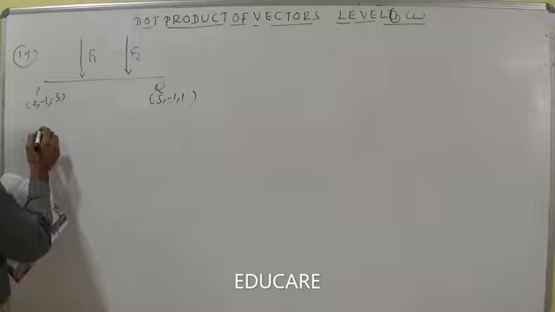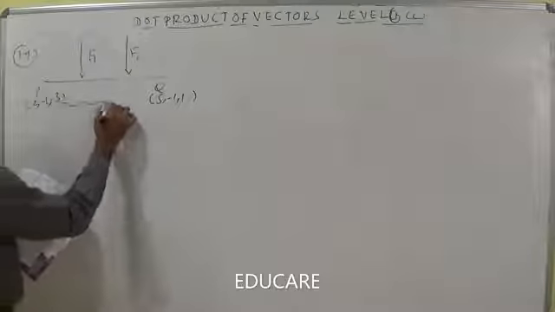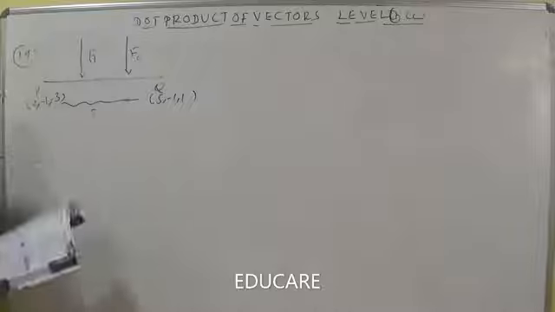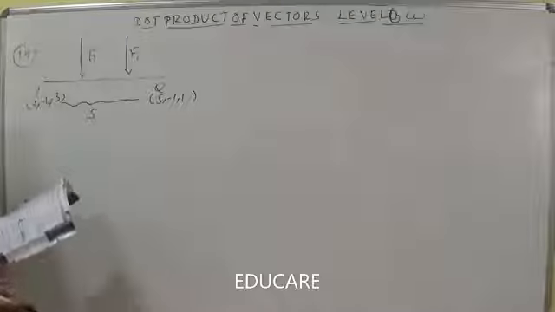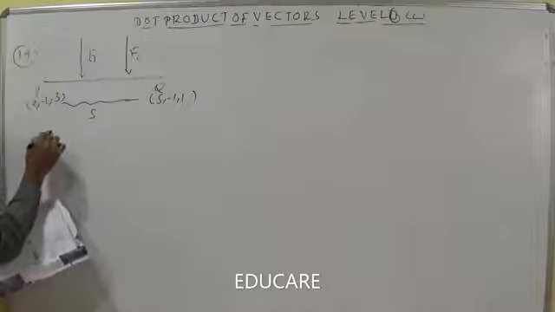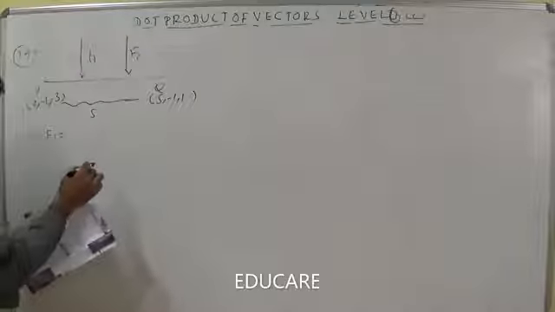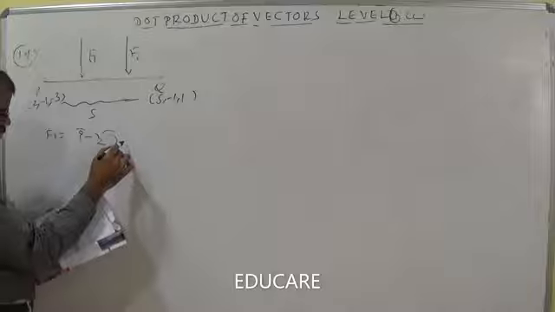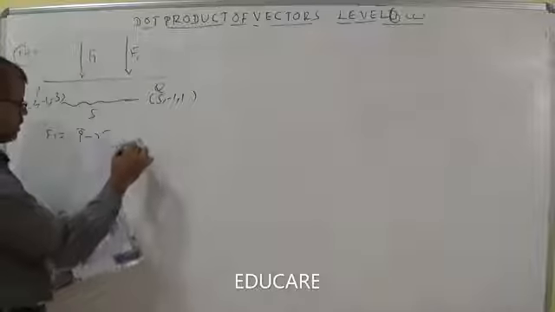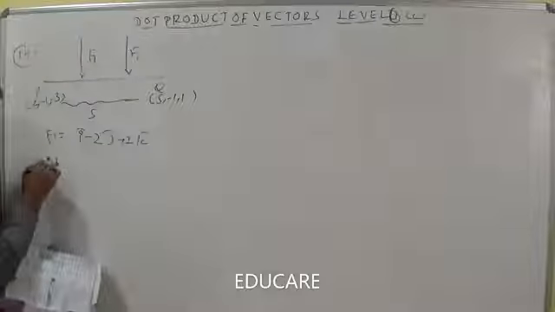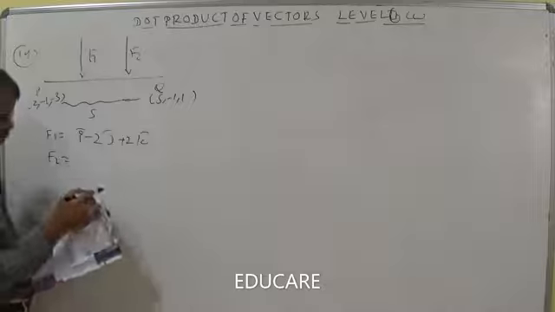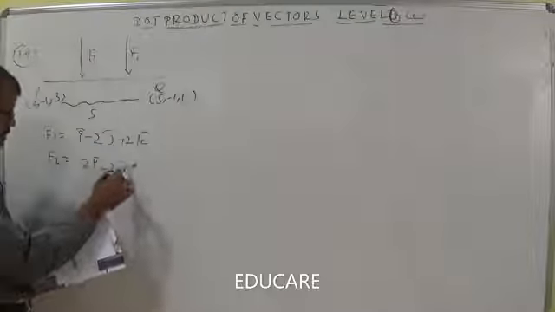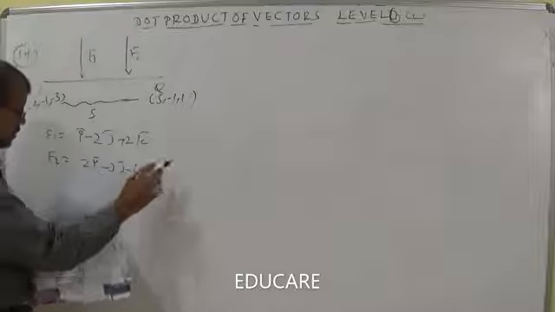To calculate work done, S is the displacement PQ. F1 he gave as i minus 2j plus 2k. Next F2, force 2 he gave as 2i minus 3j minus 6k.